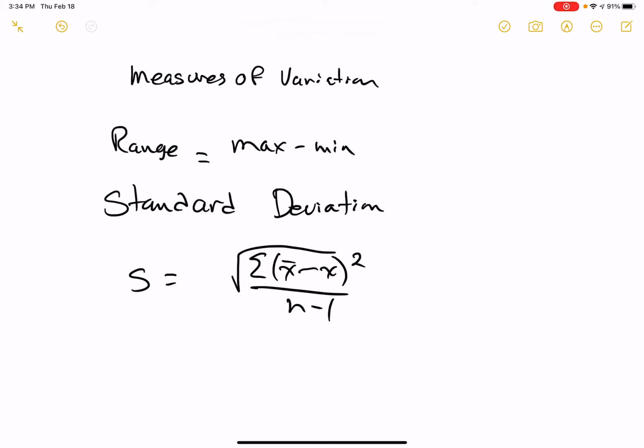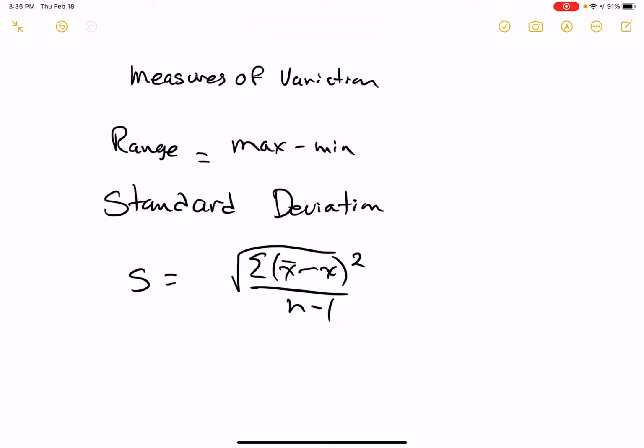You guys will be using StatCrunch to actually calculate that. This X bar here in the middle is your sample mean. And you find that by adding up all your values and dividing by how many you have. So that's going to be the average number or the mean of your data. X represents any individual data element.